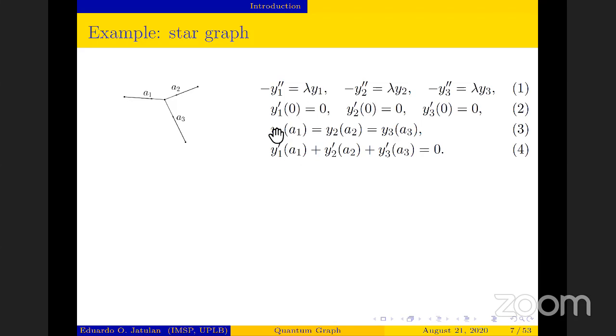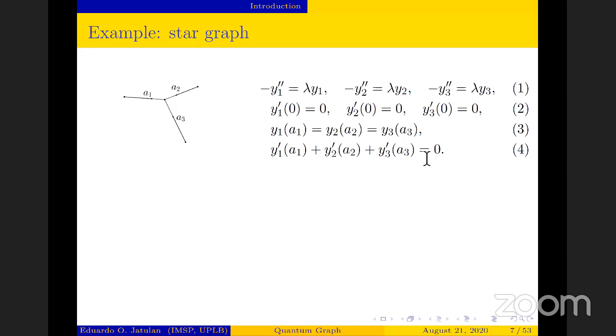And at the common vertex, we have the continuity conditions, so the function values are the same. And then we have the Kirchhoff conditions: the sum of the derivatives at this point locally, for A1, A2, A3, is equal to 0.